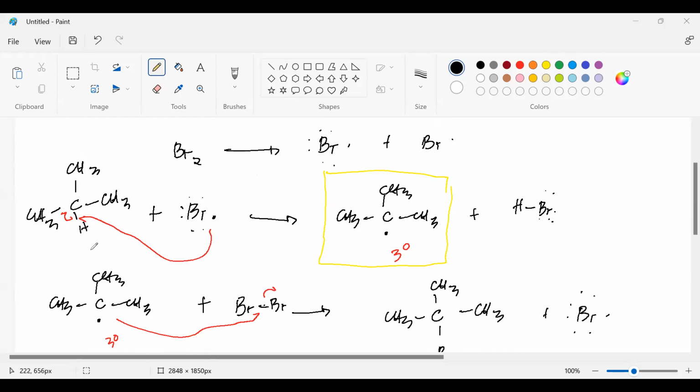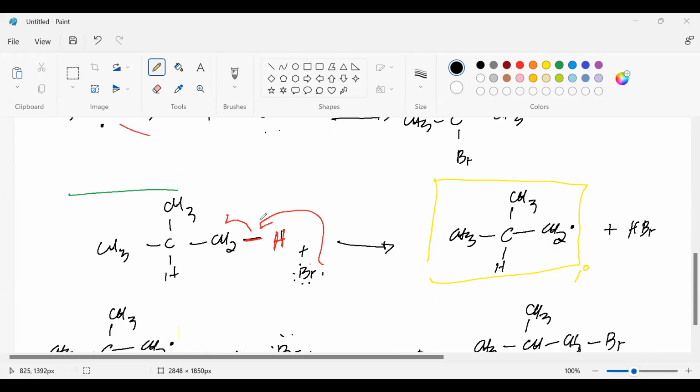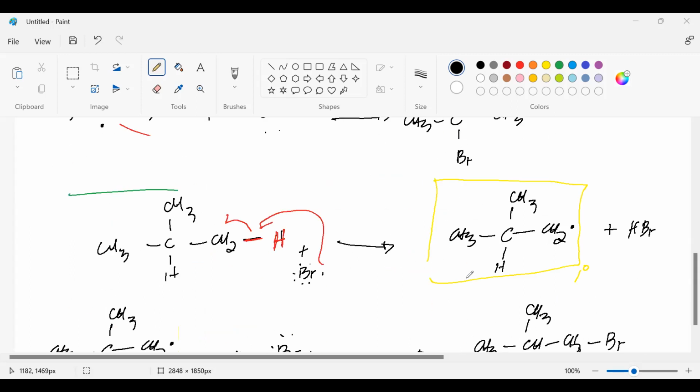And the energy required to dissociate this one to produce a 3-degree radical is much less than the energy required to dissociate this hydrogen here to form a 1-degree radical. And it is for that reason, similarly, that the energy of abstraction to produce a 3-degree radical is much less than the energy required to abstract your hydrogen here to produce a 1-degree radical.